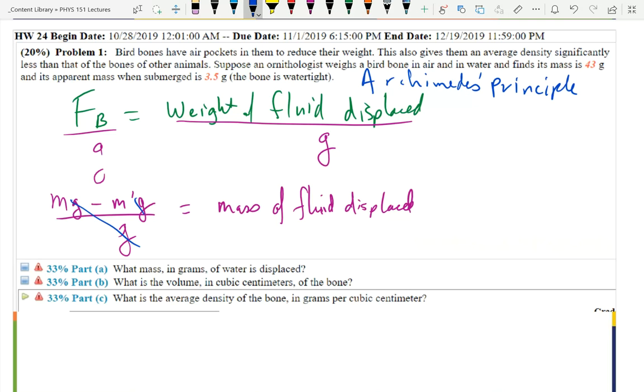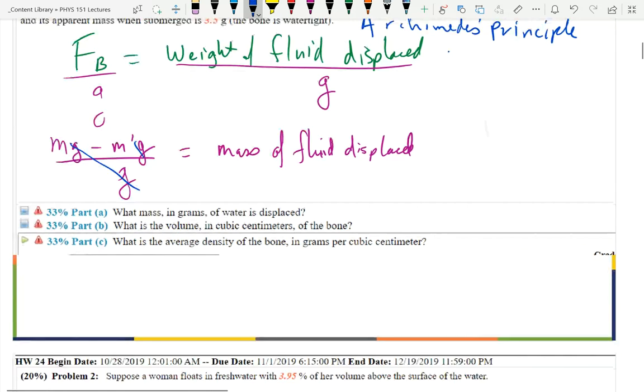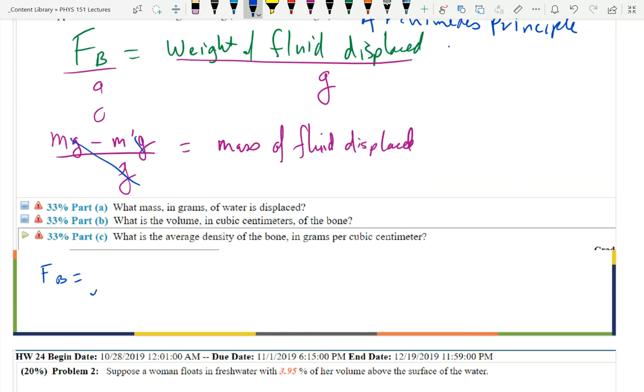So, what's the volume it displaced? I know that force buoyant is equal to density of the fluid times the volume displaced times G. So that means the volume displaced is equal to the force buoyant over density of the fluid times G. And the force buoyant over G, we just calculated, was the 39.5 grams. 39.5 grams divided by the density of water gives me the volume displaced.